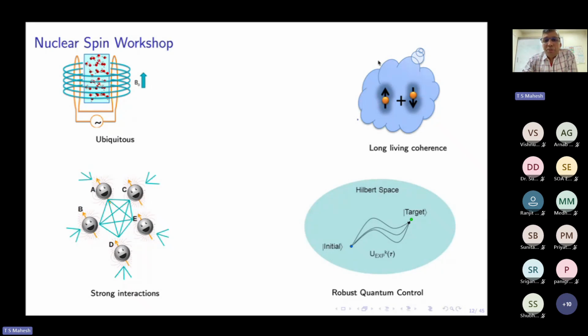And so we can prepare a superposition state of each nucleus. And the good thing is that within a molecule, all these nuclei are interacting. That is what gives us a spin system. It is not just a single spin. It is a mutually interacting set of qubits.